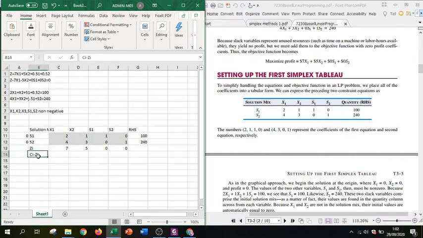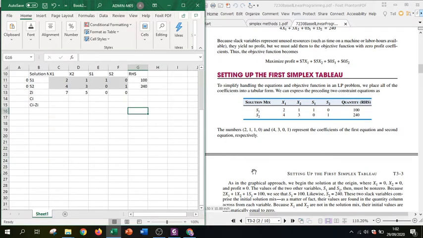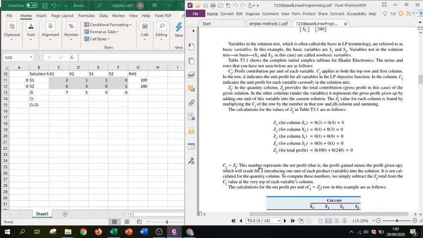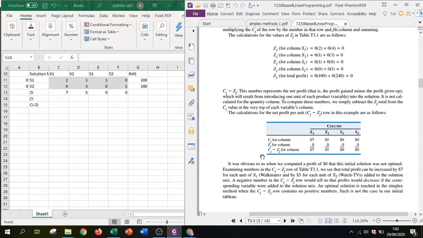Okay, we can find Cj minus Zj. This is the process.